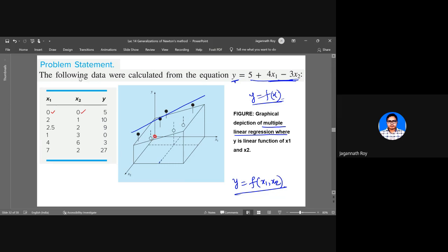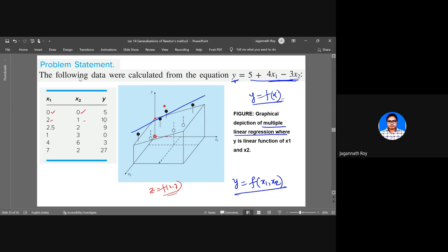At 0, 0, y value is 5. Kind of this. 2, 1. So this is x1 equals 2. 2, 1. It is actually 10. So here maybe somewhere. So this is kind of z equals f of x, y type form. These are actually z values.